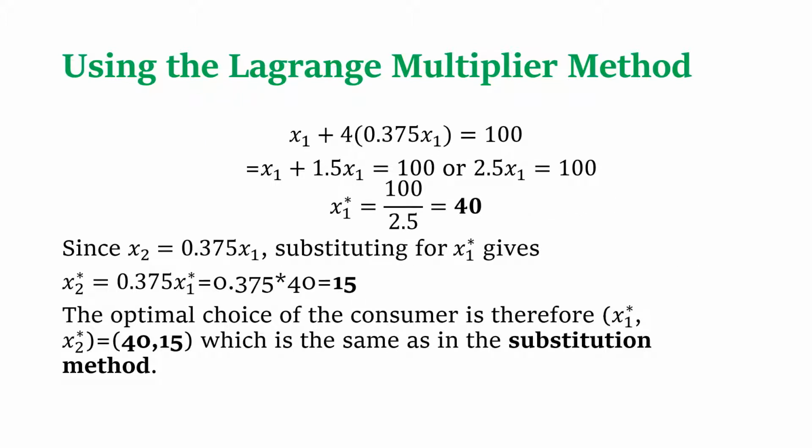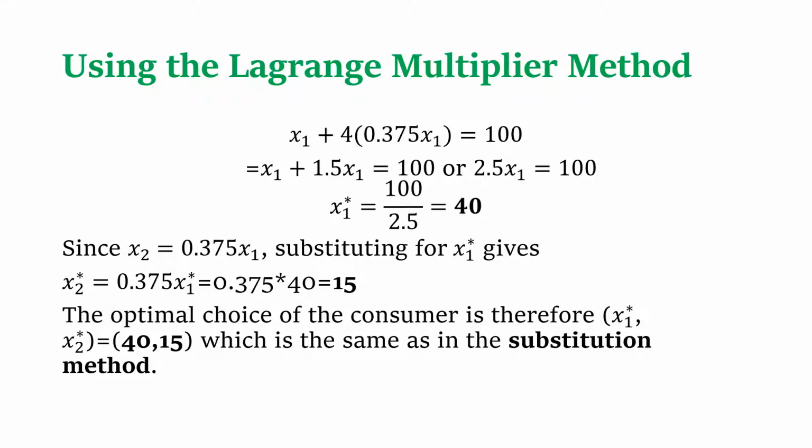We're going to have x1 plus 4 times 0.375 x1 equals 100. So x1 plus 1.5 x1 is 2.5 x1 equals 100. x1 star equals 100 over 2.5, which is what?